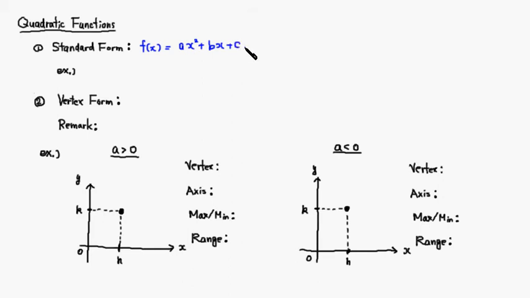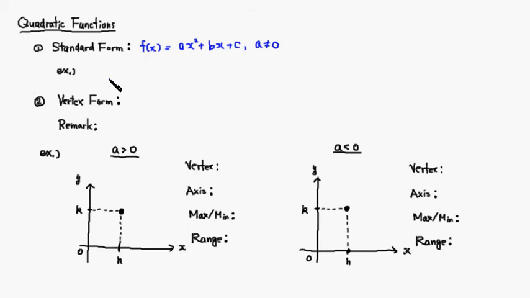Then the only condition on a would be that a has to be non-zero, because if it was 0, then that would be a linear function. So we would like to avoid that case. So a is a non-zero constant, ax squared plus bx plus c.